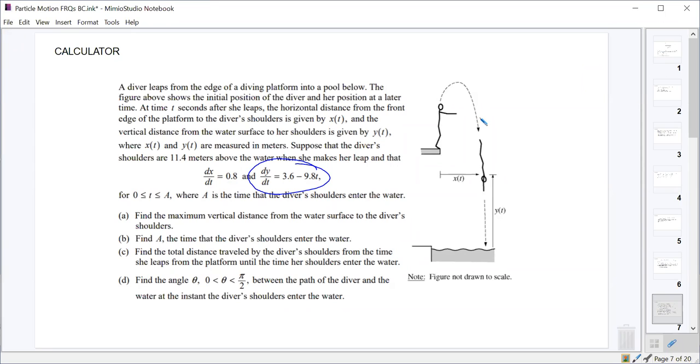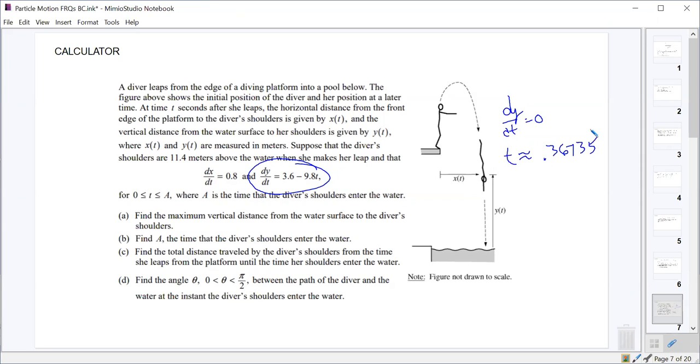So we will say dy dt equals 0 when t is about 0.36735. That's what you got for that, hopefully. 3.6 over 9.8.